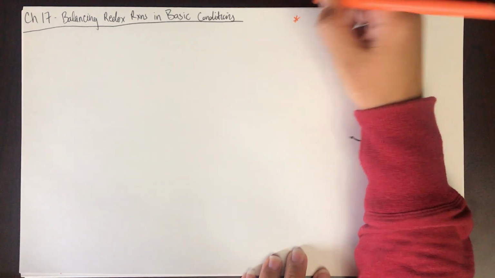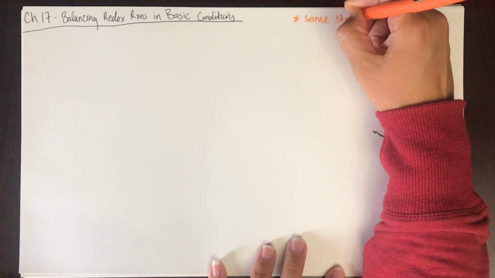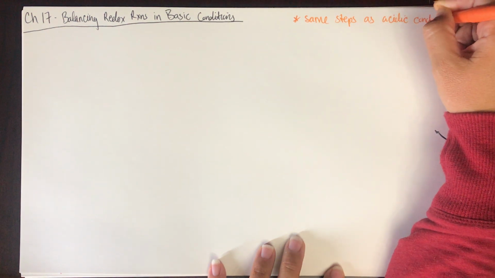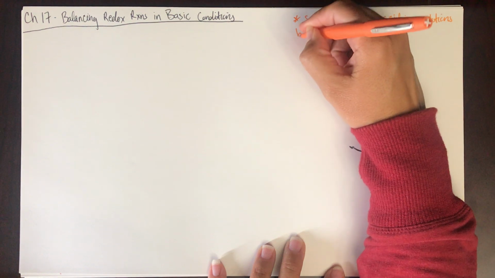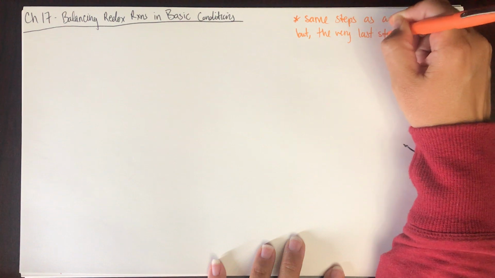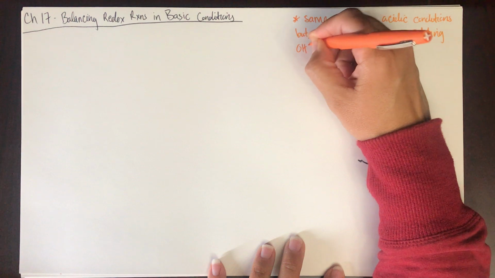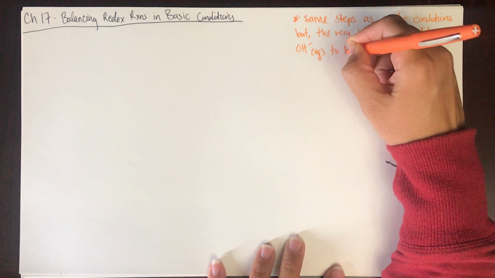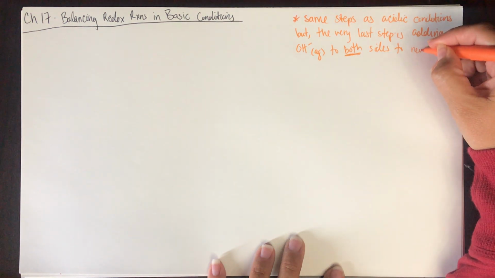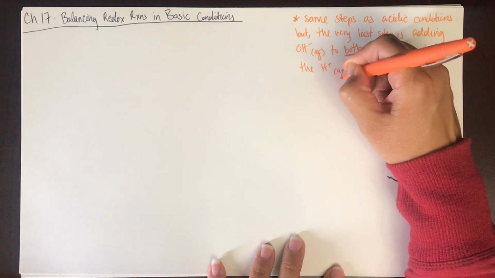Balancing redox reactions in basic conditions uses the same steps as acidic conditions, but the very last step is adding hydroxide ions to both sides to neutralize the hydrogen ions.